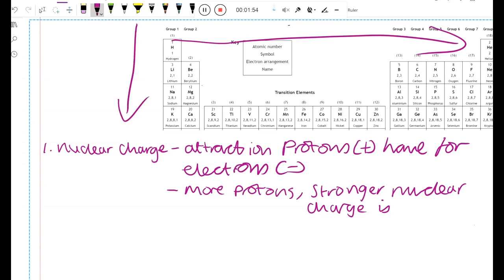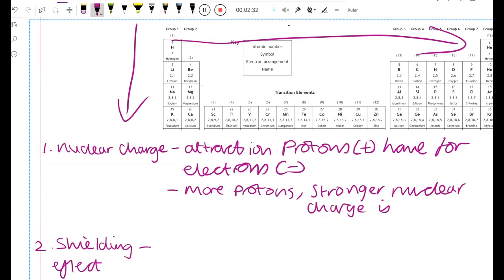The second thing you need to be aware of is something that we call the shielding effect. With some sources, depending on where you're looking, you might also see this called the screening effect. So the shielding effect, which is how well the electrons are protected from that nuclear charge. And it's to do with energy levels, or electron shells. Energy levels we'll stick with.